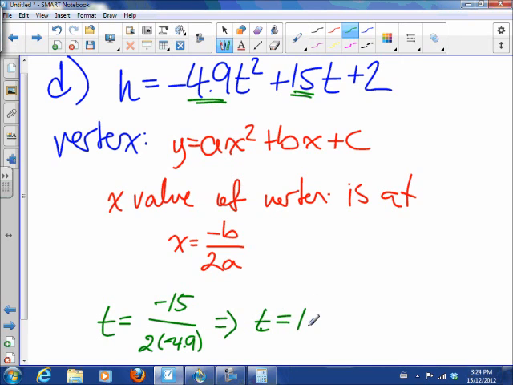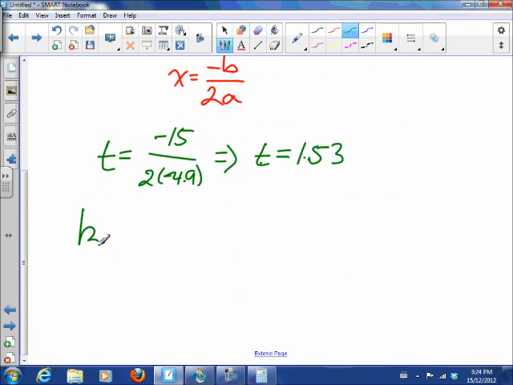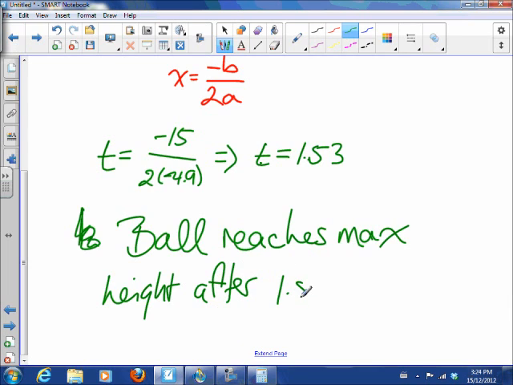So t is equal to 1.53. So this tells us that the ball reaches maximum height after 1.53 seconds. Okay? So the ball reaches maximum height after 1.53 seconds.